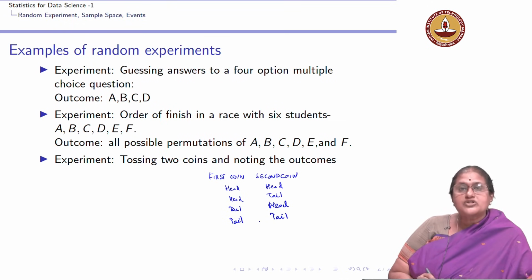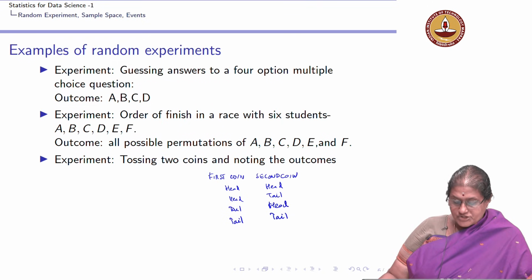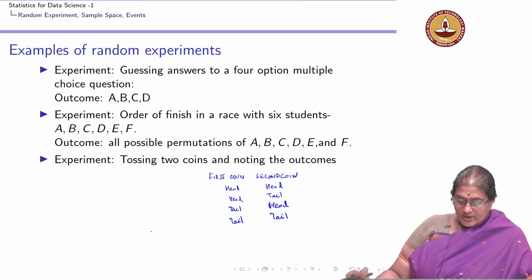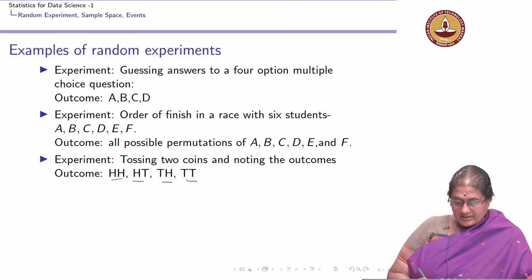These are the possible outcomes of the experiment of tossing both the coins together. So, I can represent that as HH, HT, TH and TT.